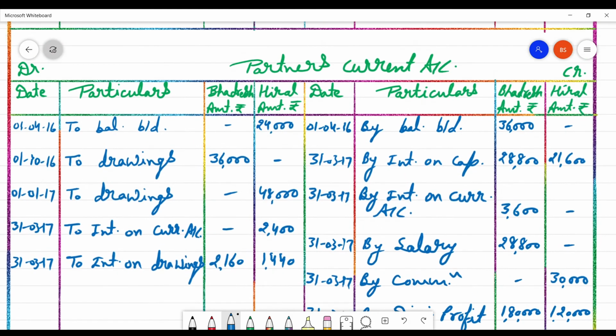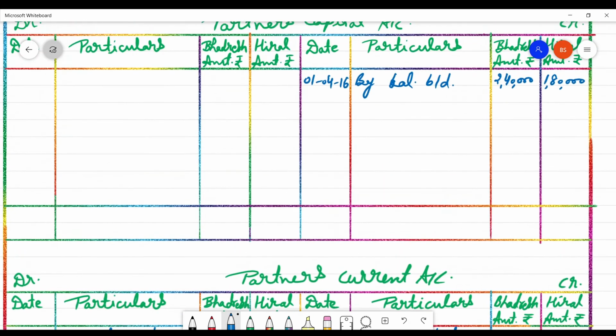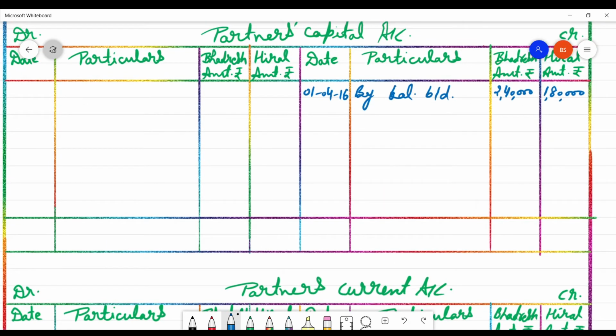After that we make the total of the capital accounts. Here 2,40,000, 1,80,000, 2,40,000, 1,80,000.